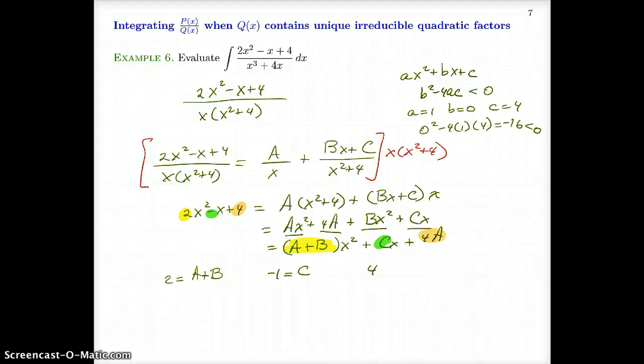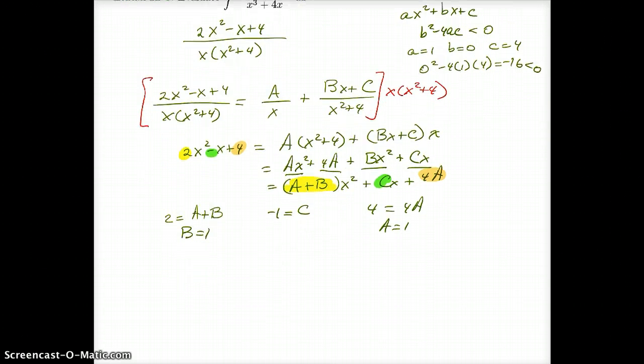So 4 equals 4a, which means a is 1. And then we go back to the first equation. If a is 1 and a plus b is 2, then b must be 1 as well. And so we get that 2x squared minus x plus 4 over x times x squared plus 4 is equal to 1 over x plus, b is 1, so x minus 1 over x squared plus 4.